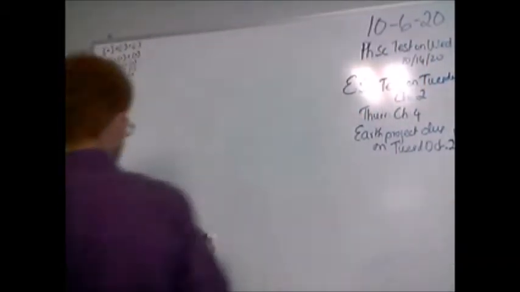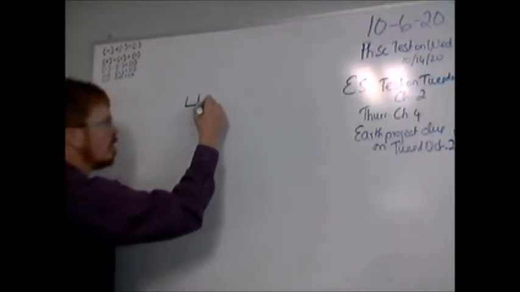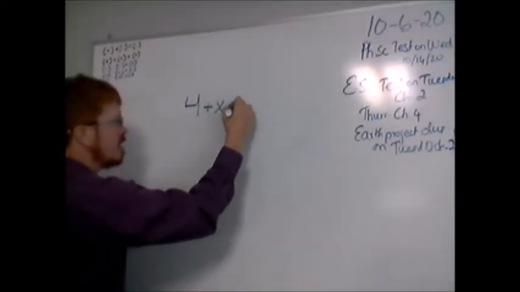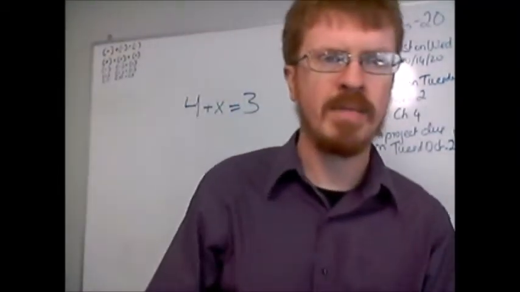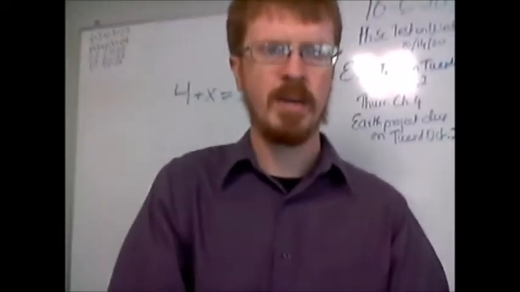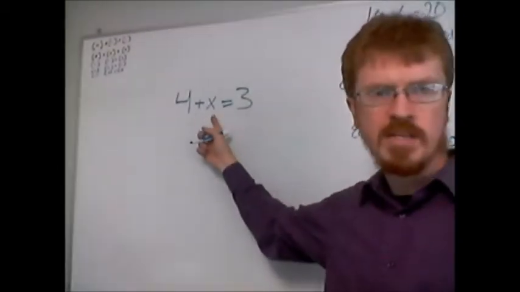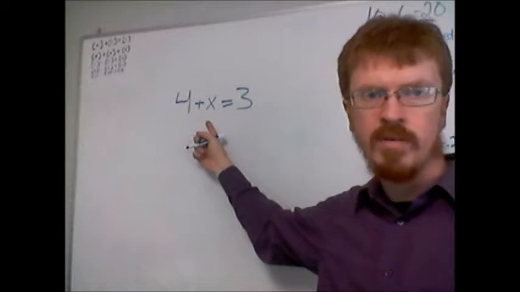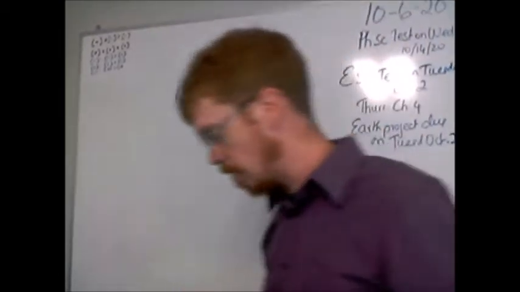What we have done before is, if you have 4 plus x equals 3, that means you need to figure out what the x is. You've got to get the x by itself. So the way you would do that is you would make the 4 into a 0.